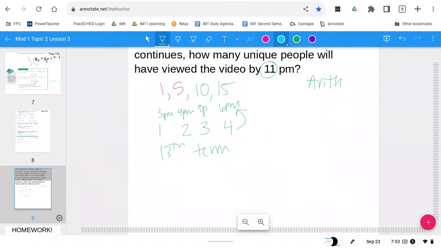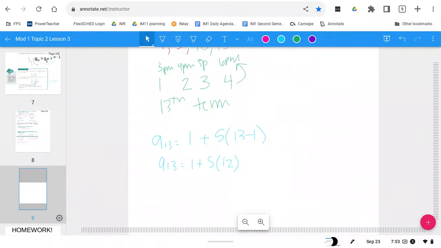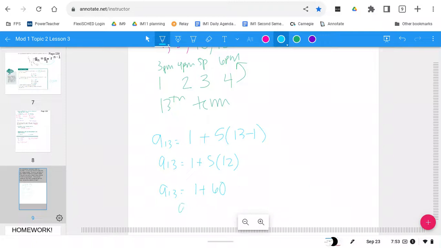Okay, so I have a sub 13 is equal to my first term plus the distance I'm traveling. So a sub 13, parentheses come first, so I get 12 in there. Multiplication comes next. And then I add it. So 61 people will then know.